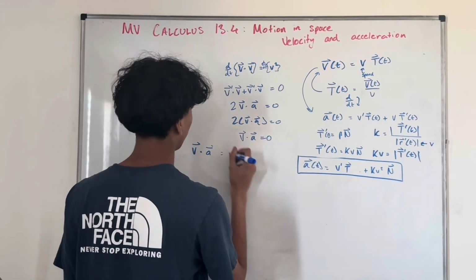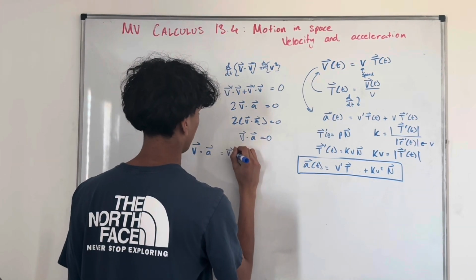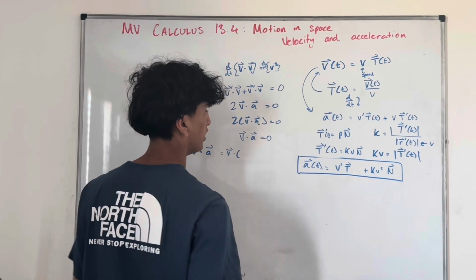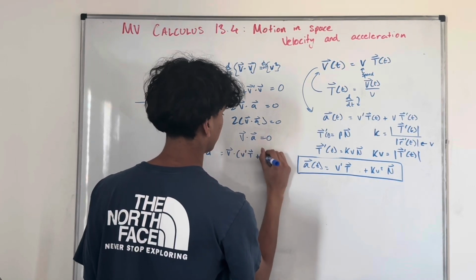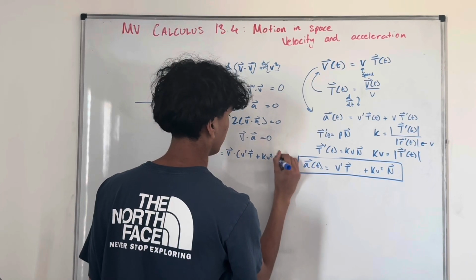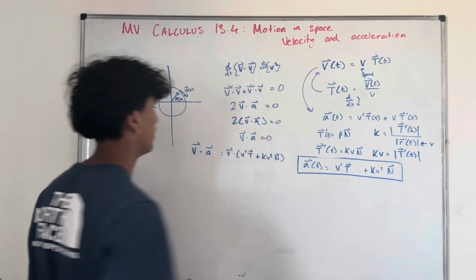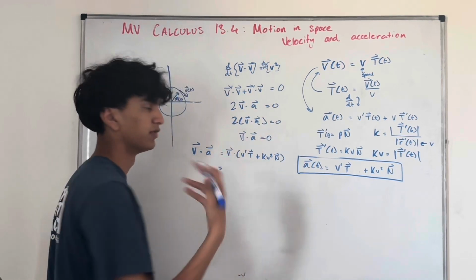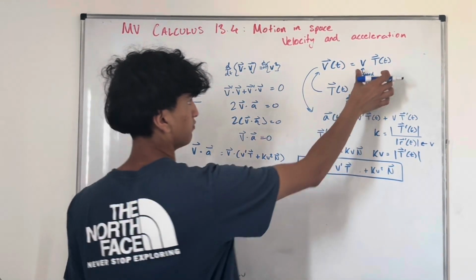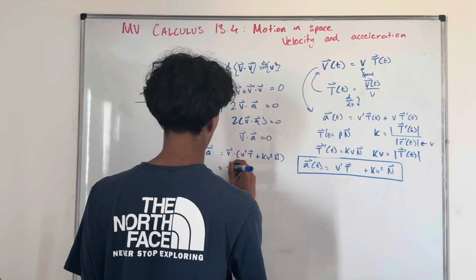What I'm doing is v dot a, which is v prime of t times the tangent vector plus kv squared times the normal vector. Now, what is a velocity vector v? That's just v, the speed, times the tangent vector.